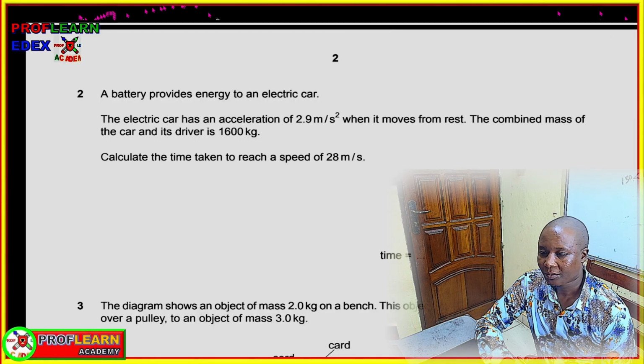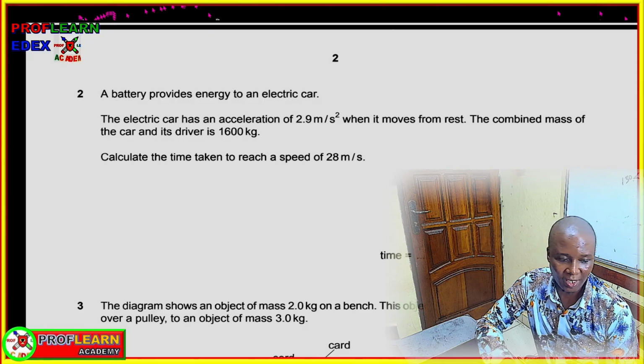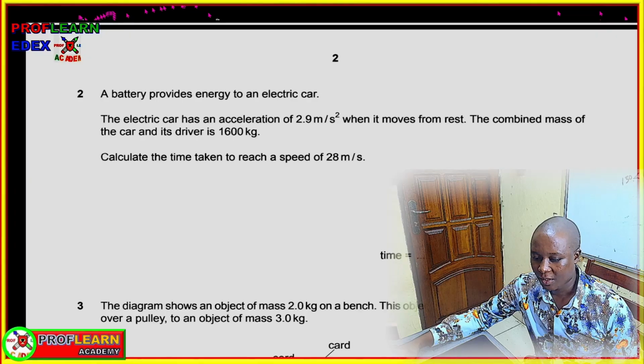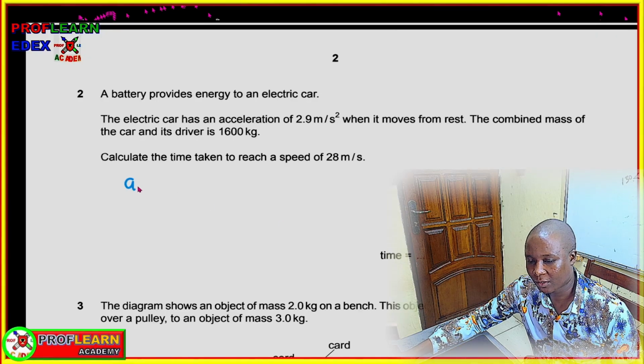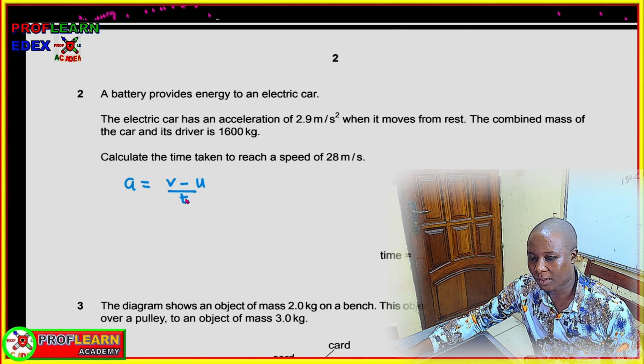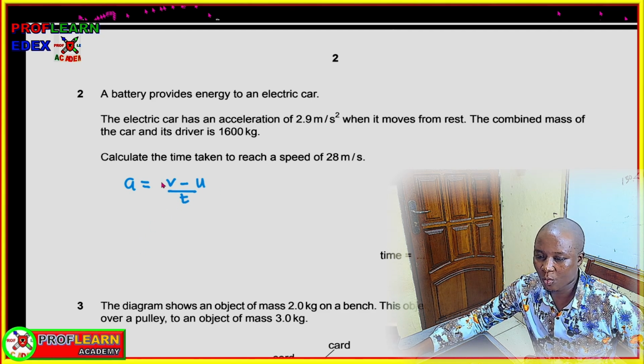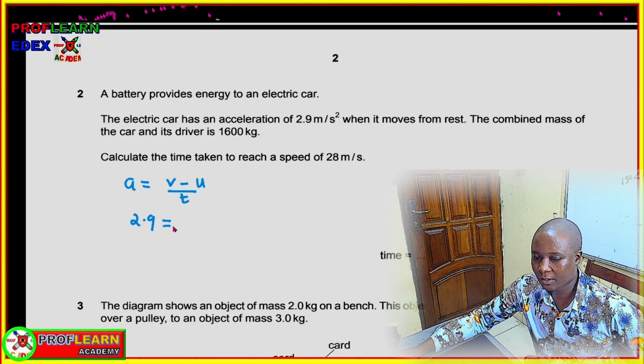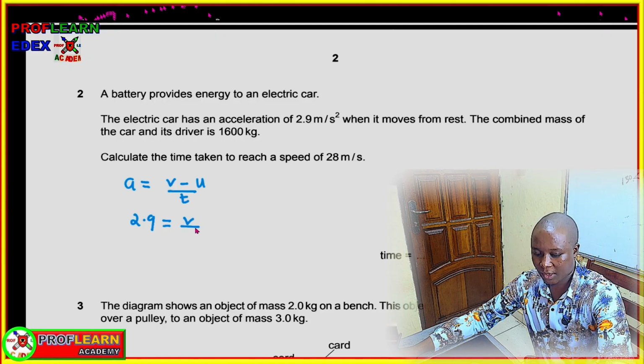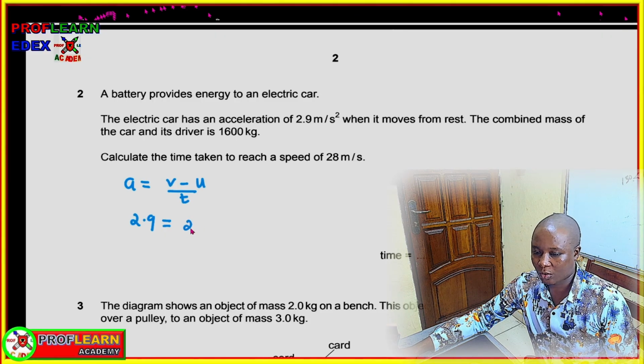The first thing that we need to understand in this question is that we are given acceleration, and we need to remember that acceleration is equal to final minus initial over time taken. Since this was moving from rest, the initial was 0. So we have acceleration, which is 2.9, equals v over t, where the final speed is 28, minus 0.